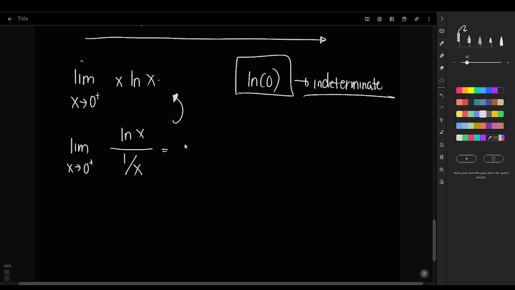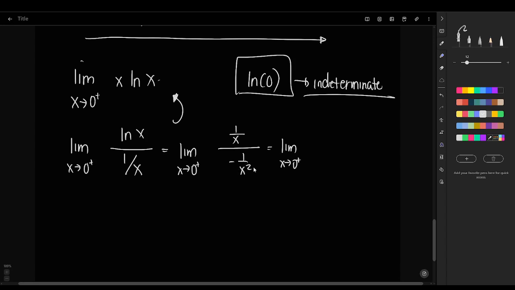And when you perform this, this is the limit as x approaches 0 from the positive side. And this is 1 over x all over negative of 1 over x squared, right? So simplifying, this will give you a negative value.